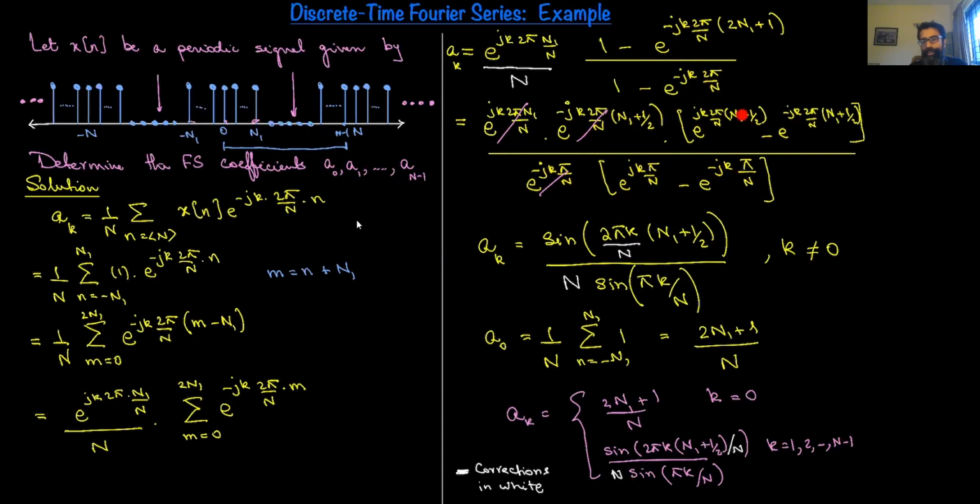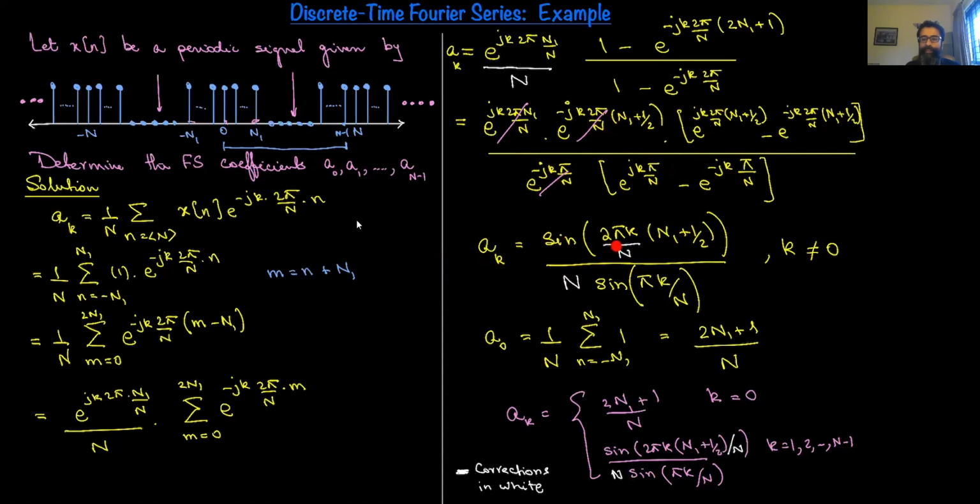So this is 2j times sine of whatever this is, and the denominator is also 2j times sine. The 2j is going to cancel with the 2j, and what you're left with is sine of this divided by sine of this thing here. All the other factors cancel in the end. Okay, sir. Thank you. Right, and therefore this is what you get.